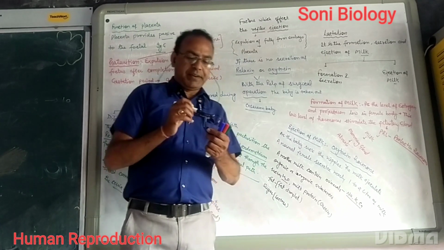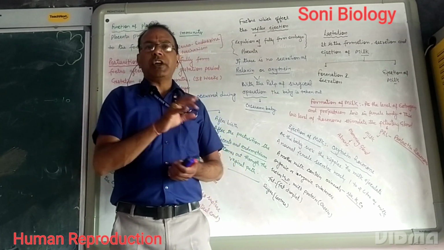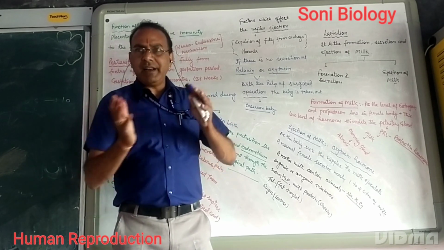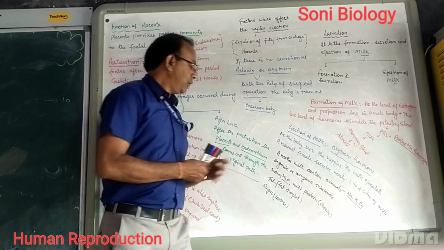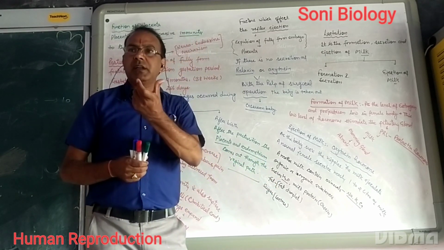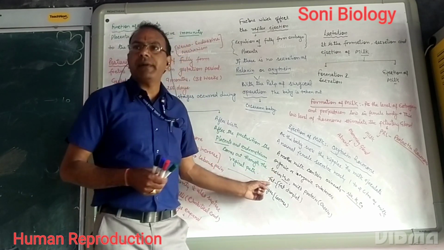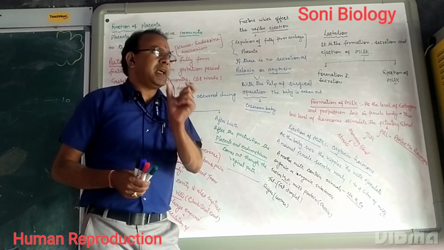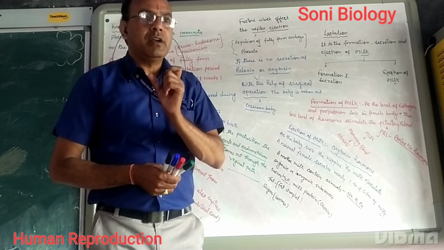Just after the delivery, a few days later, meaning 3 to 6 days, in the earlier days after the delivery, the milk released by the mother doesn't contain fat and is pale yellow in color. This type of milk is called colostrum.